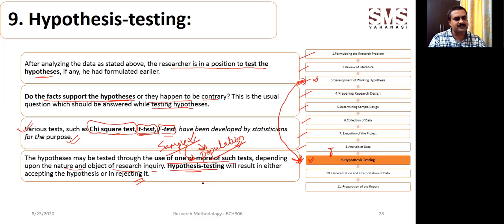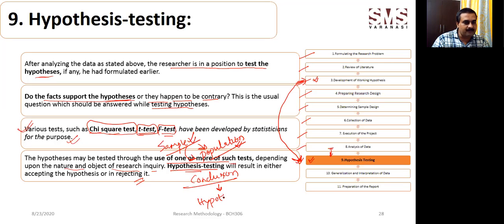In hypothesis testing as a process, our basic aim is to match the conclusion with the hypothesis which we hypothesized at the beginning of the research in the third step. If the conclusion matches the hypothesis, we accept the conclusion as the genuine result.